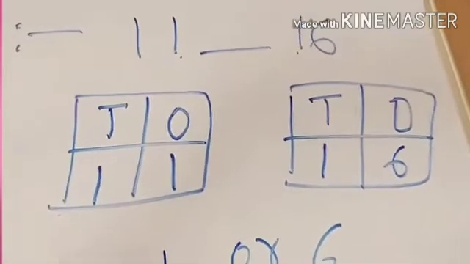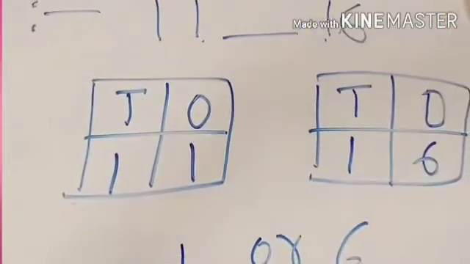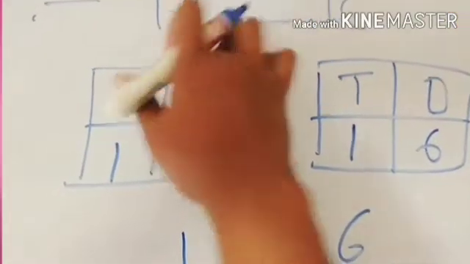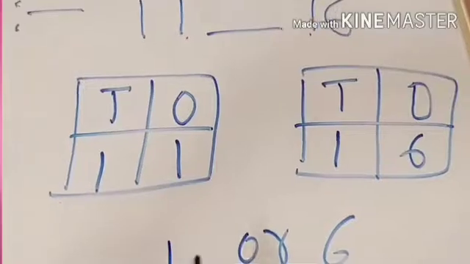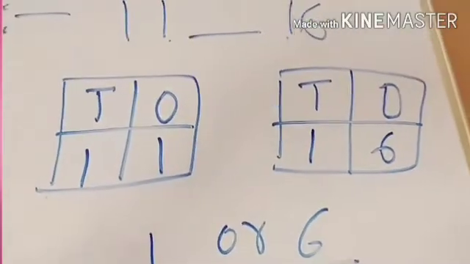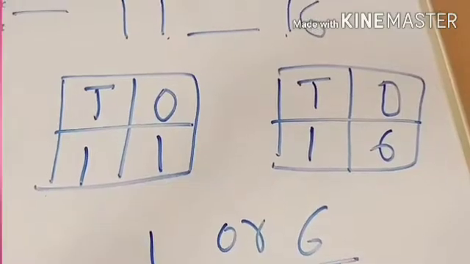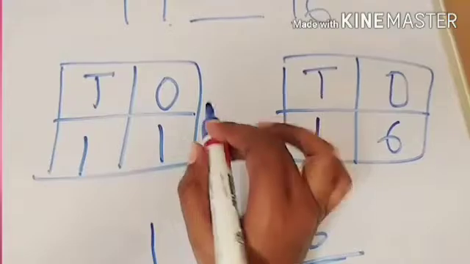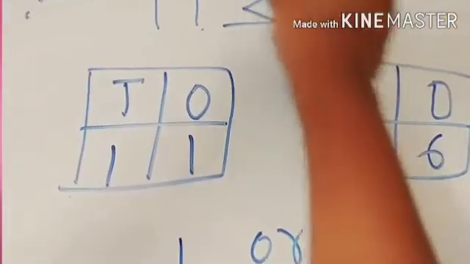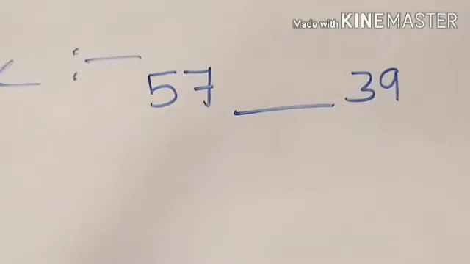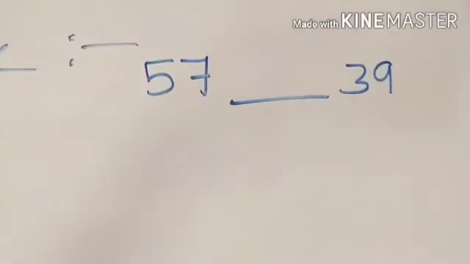Yes, the bigger number is 16, the smaller number is 11, right? So students, the crocodile wants to eat the bigger number, so we are going to open the mouth of the crocodile towards the bigger number.